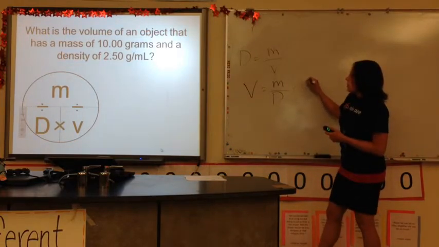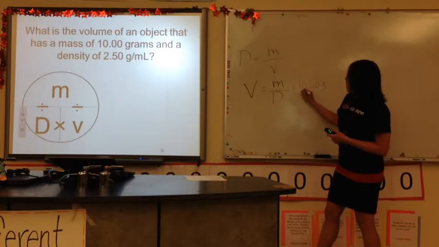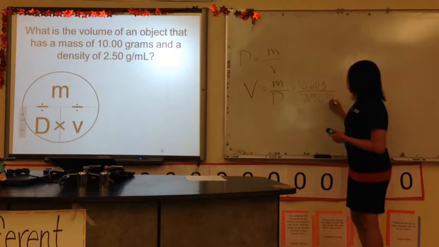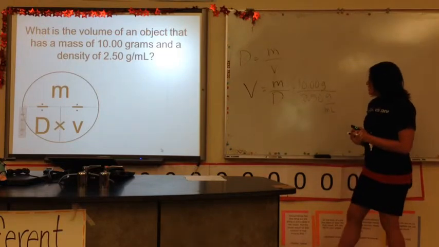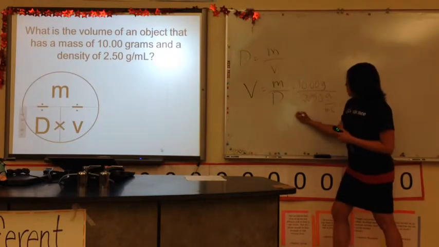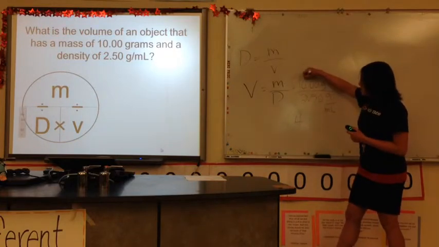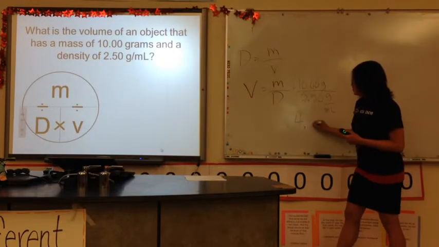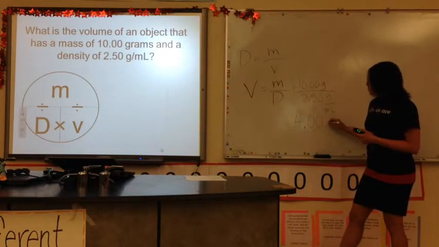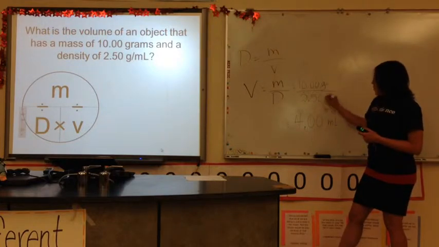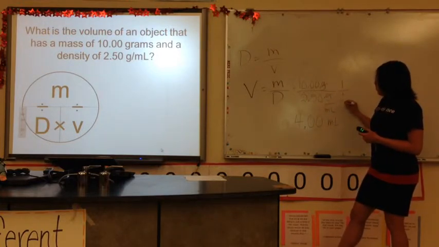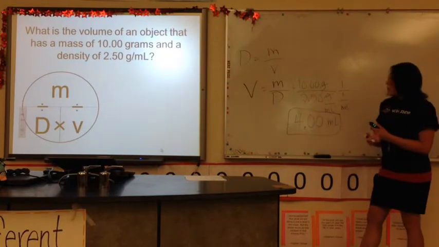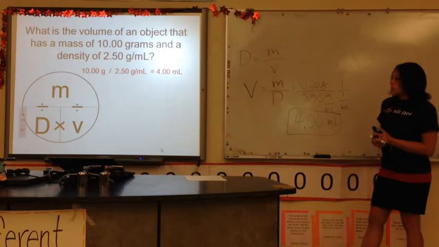So in this problem, we know our mass is 10 grams, and we know our density is 2.50 grams per milliliter. 10 divided by 2.5 is 4, but this has 4 significant digits, and this has 3, so our answer should have 3. 4.00 milliliters. Grams cancels out. 1 over 1 over milliliters. Those milliliters flip to the top. The volume would be 4.00 milliliters.